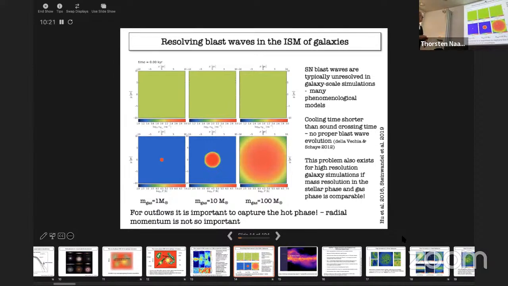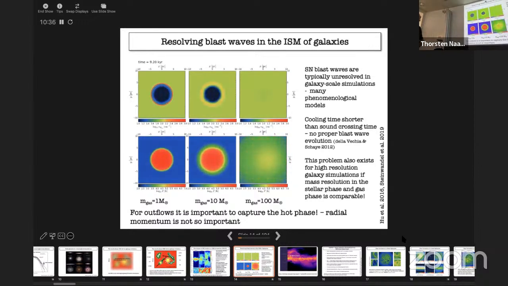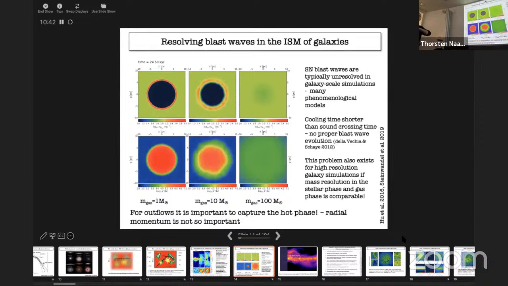You inject thermal energy in a larger region here because your resolution is lower, and then here your resolution is higher, and here higher still. And then you let it evolve, and this is how it looks. If you do it in a low resolution medium, the remnant cools immediately. Nothing happens. Everybody in this room, I think, has been working on this and knows this pretty well.